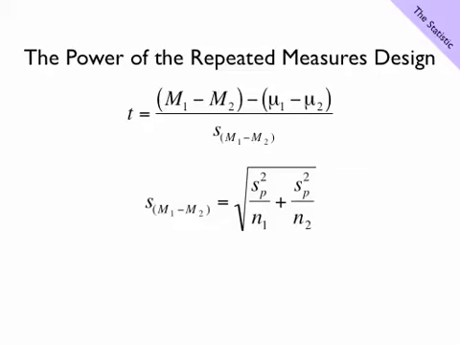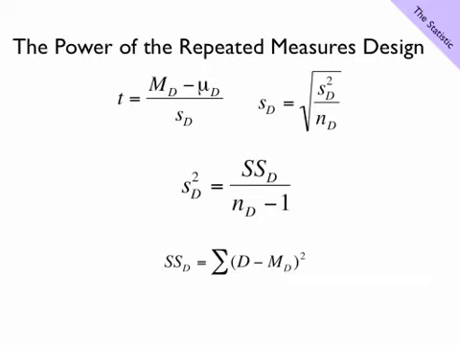So it's the difference between two sample means divided by the estimated standard error of the difference between the two means.